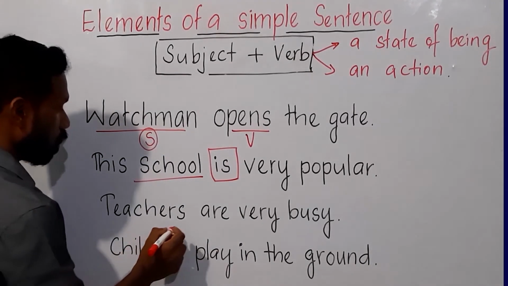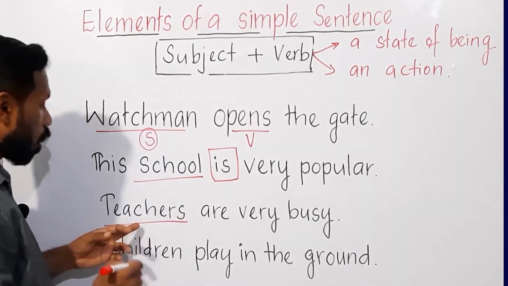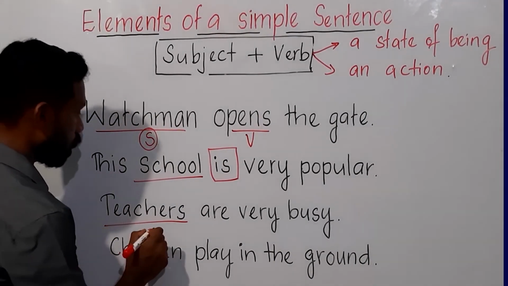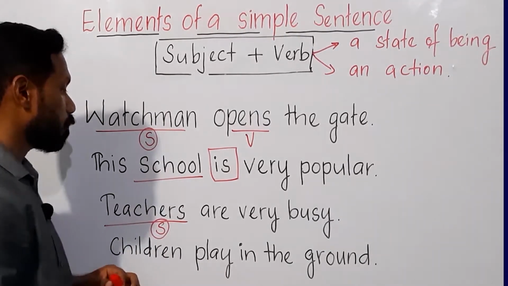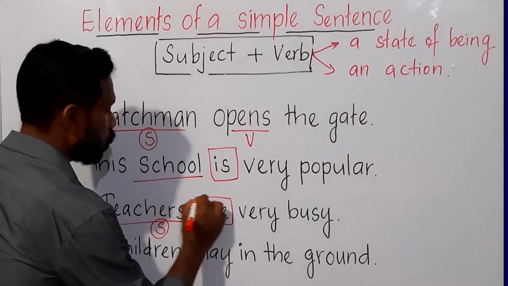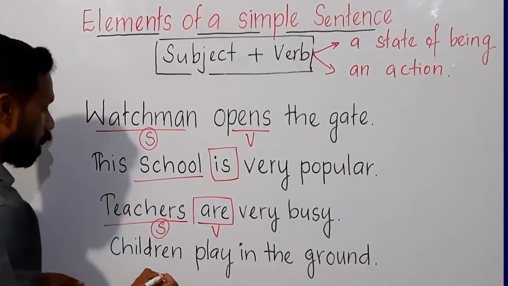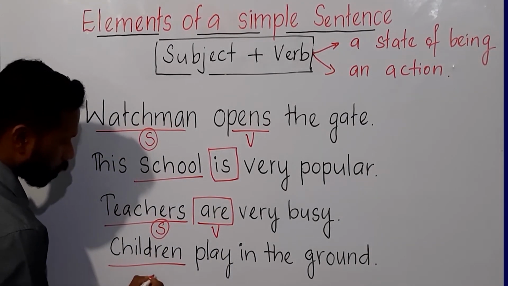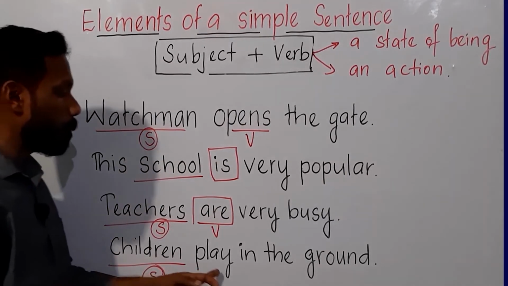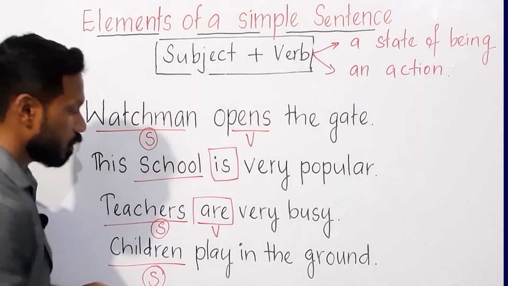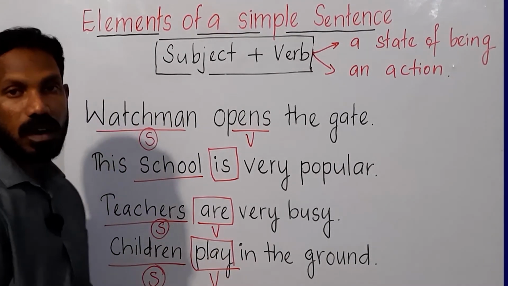Next sentence, teachers are very busy. Here we talk about teachers. So, teachers, subject, and are, this is the verb. Next sentence, children is the subject. Children play in the ground. Here play is the action and this is the verb.